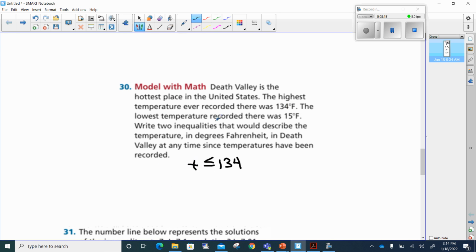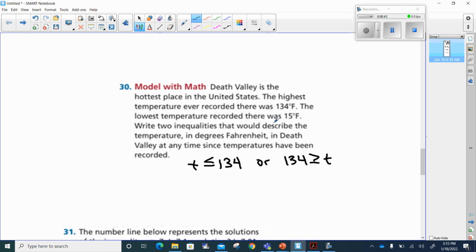Now, the other information we got is the coldest it ever got was 15 degrees. So I could also say, and this could be or, by the way, 134 is greater than or equal to T. All right.